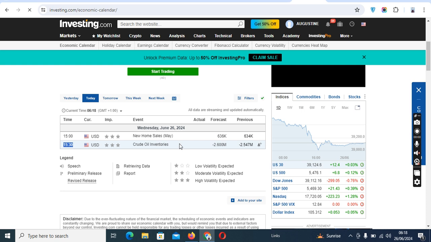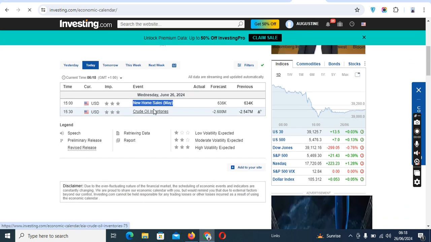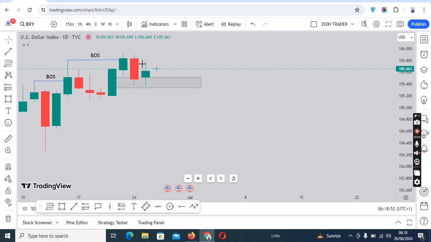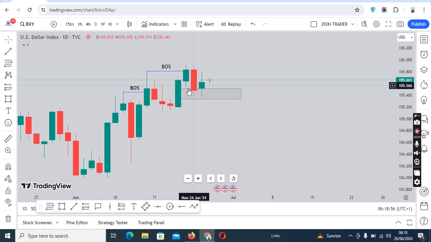These are news events that will bring liquidity or volatility to the marketplace. I do trade during these kinds of news events, because they make the market more volatile.